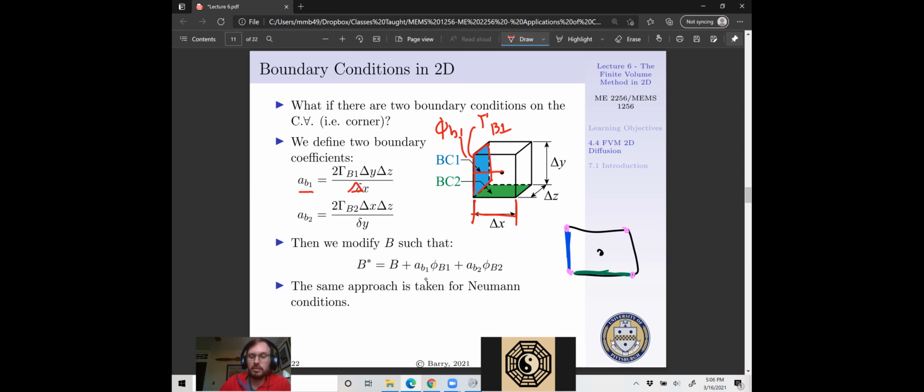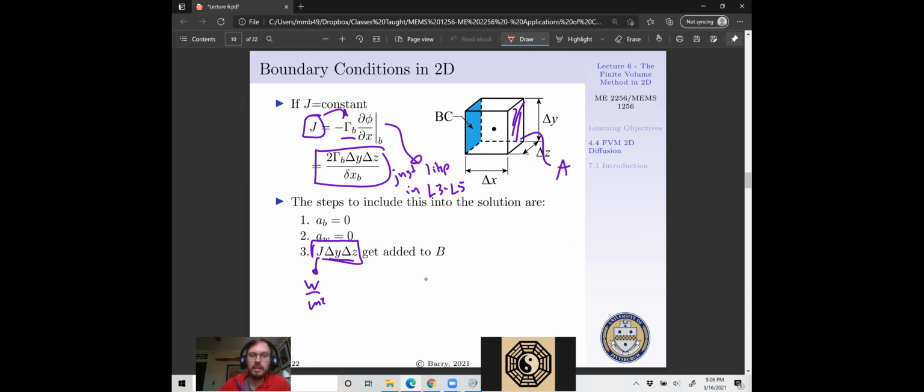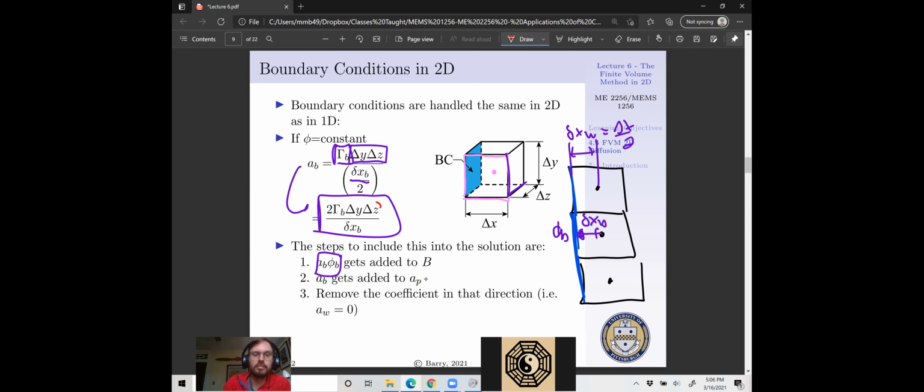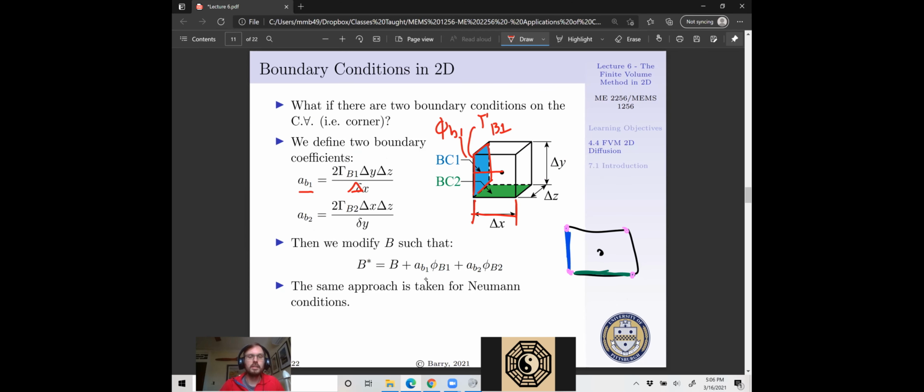So that would really represent our same coefficient for our boundary conserved quantity that we did when we weren't considering a boundary condition above or below. And then all we have to do is define a second boundary condition down here. We're going to call this AB2, which is going to represent phi B2.